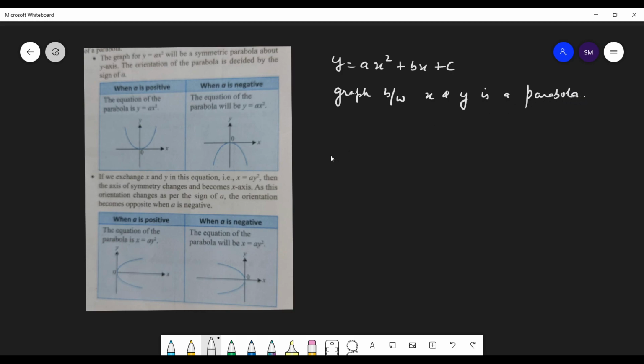The condition is that a should not be equal to 0 for this to be a quadratic function. So that's a quadratic function, y equals this. If this is equal to 0, then it becomes an equation.